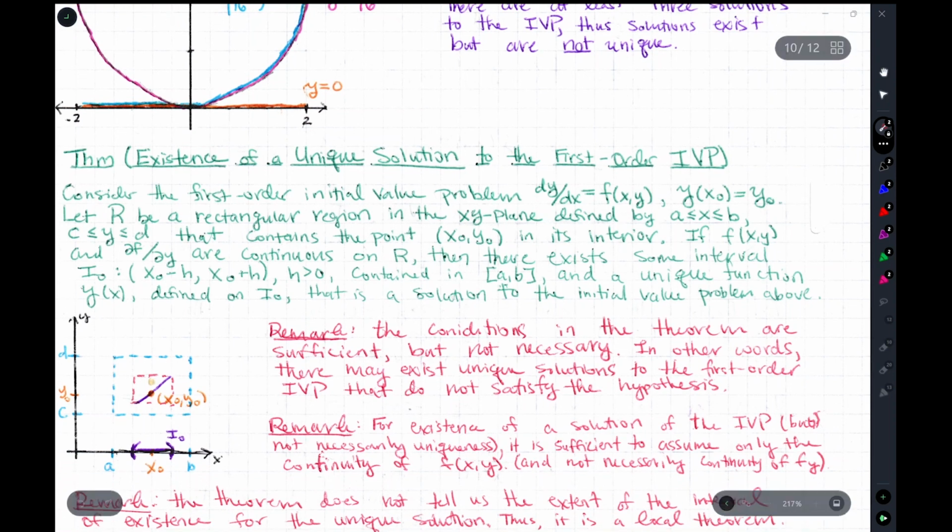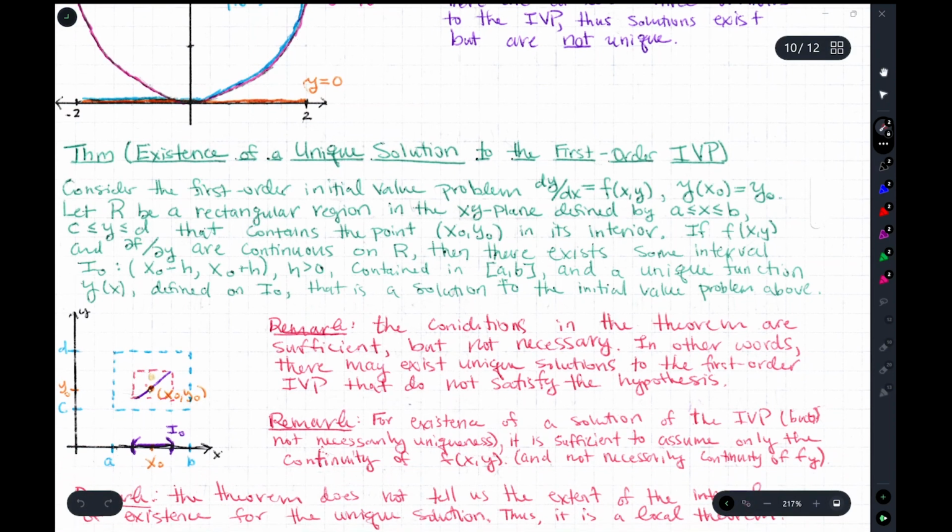So this is how it looks in picture. Here's the initial value problem, right? You have y of x naught equals y naught, so you could translate that to this point here.